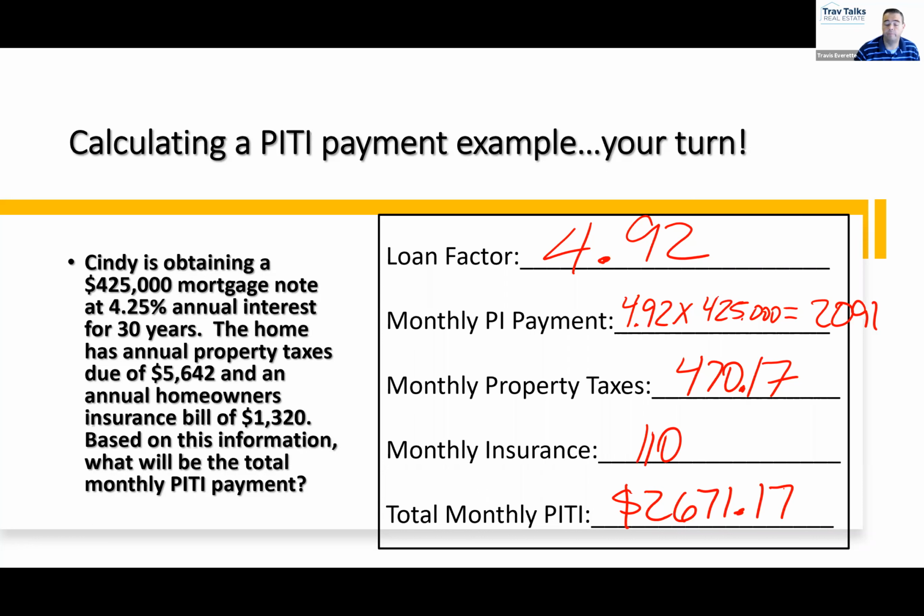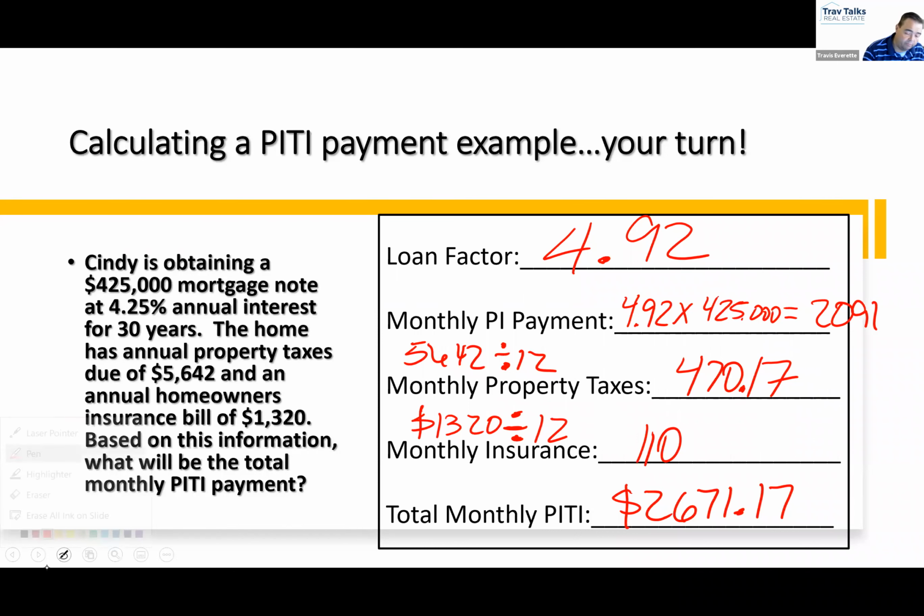Great. Okay. And then for monthly property taxes, I simply took the 5642 and divided by 12. And that gave me $470.17 for the taxes. And for the monthly insurance, I took the 1320 and also divided it by 12. And once I had all the pieces, what's the math look like over here, folks?